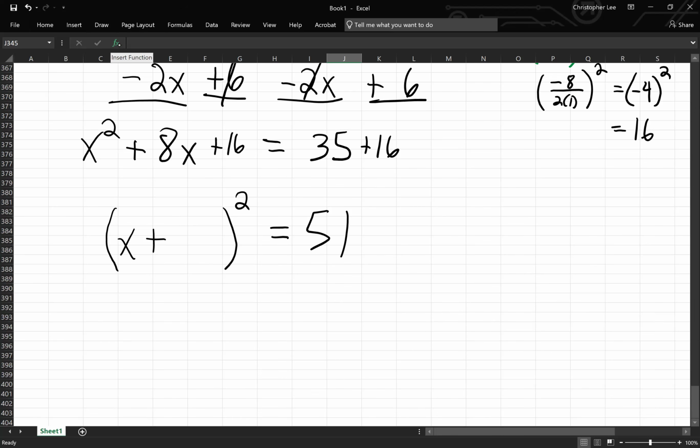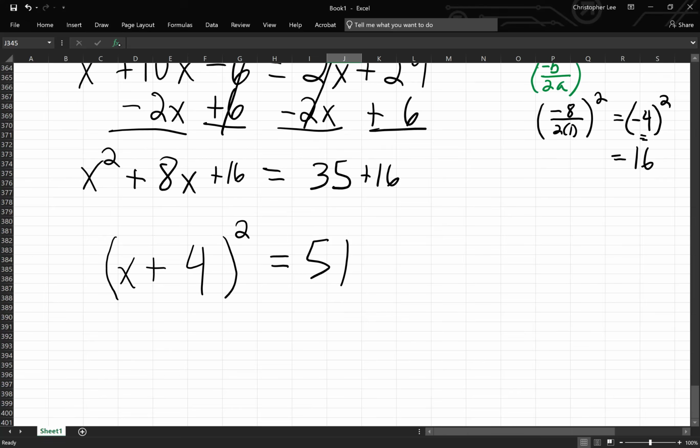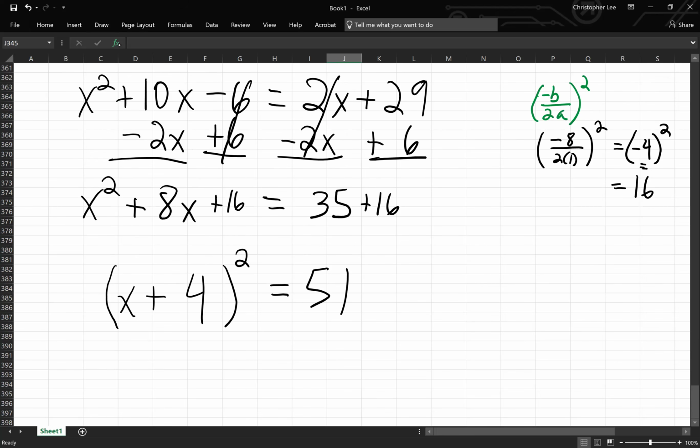So what number is going to be there? Yeah, 4. Good. Right? Because that's what we multiplied over here. Remember from the formula, whatever we square, that's what we put there.